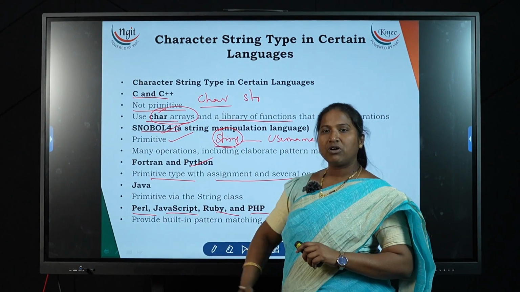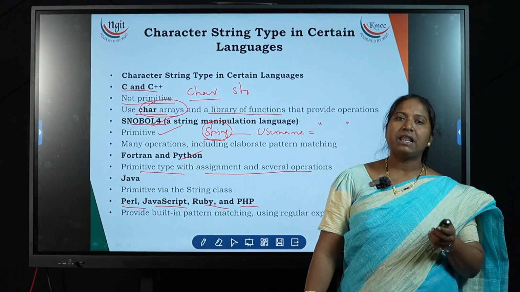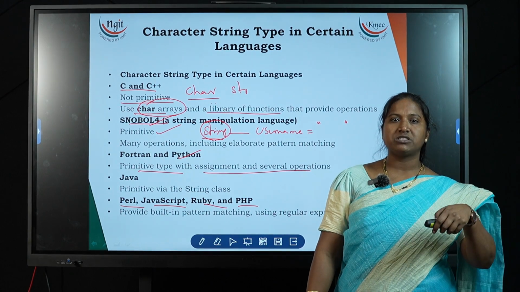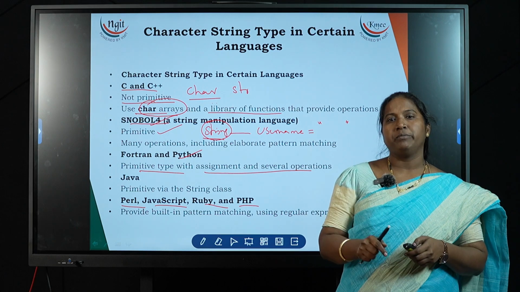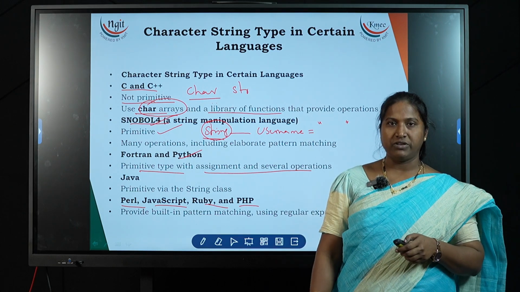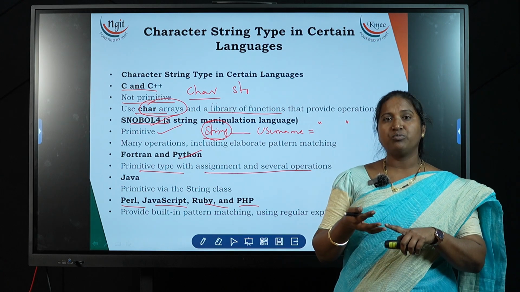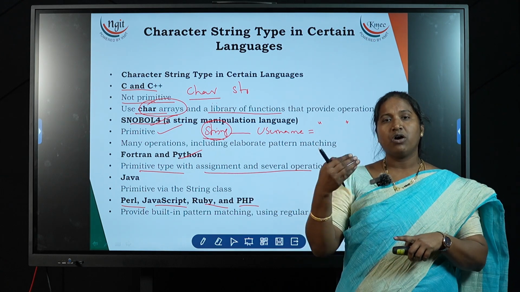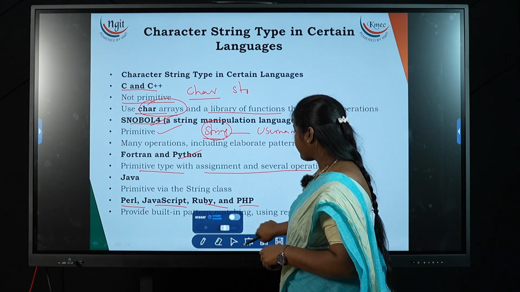When you go through all the programming languages, you can easily differentiate the languages which support string as primitive and non-primitive. It is non-primitive in the case of C-based languages. It is primitive in the case of Python, Snowball, Perl, JavaScript and Ruby. All these languages take string as a primitive one.